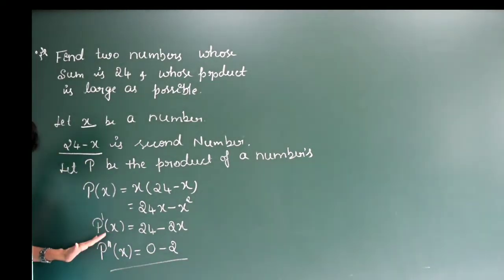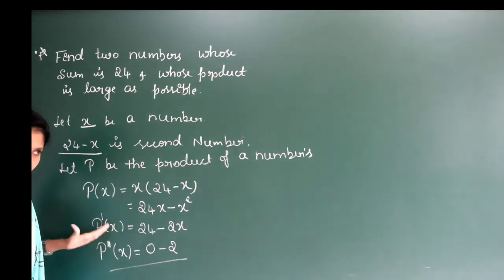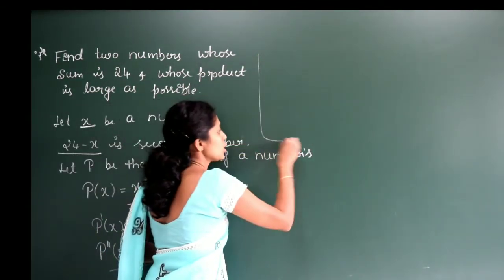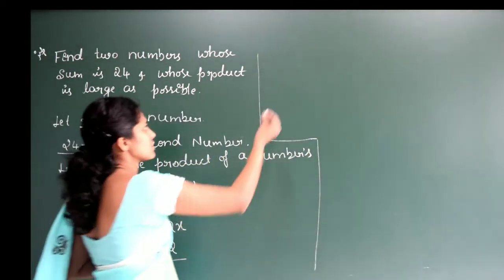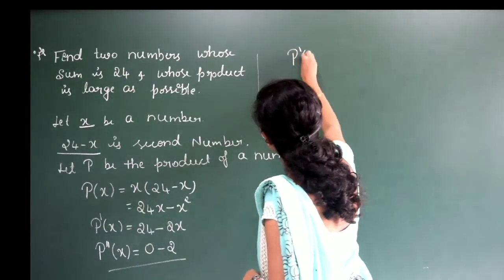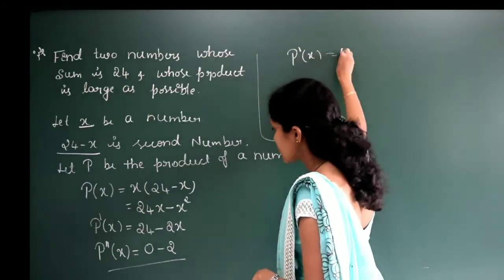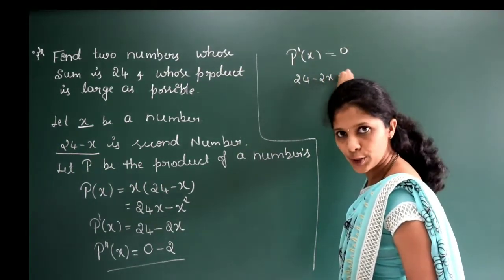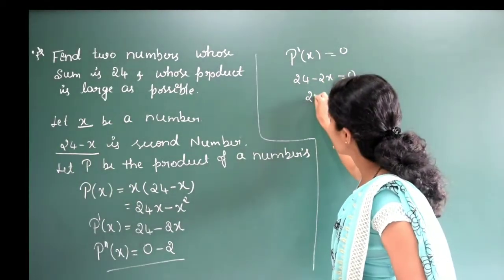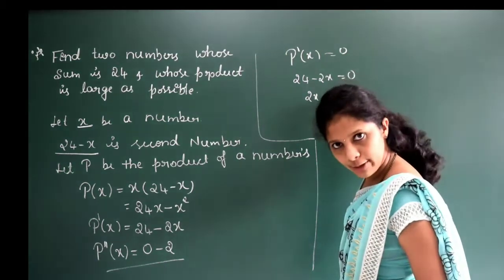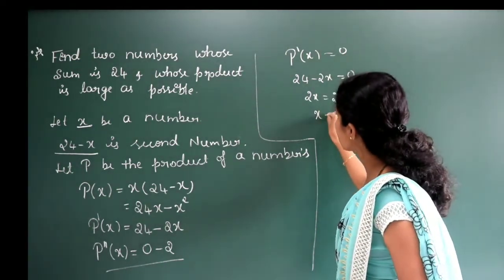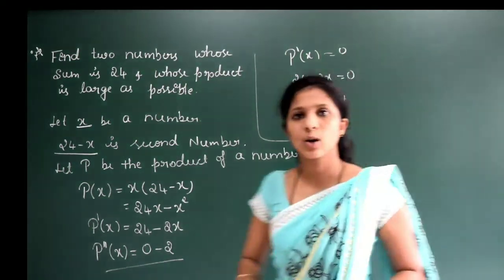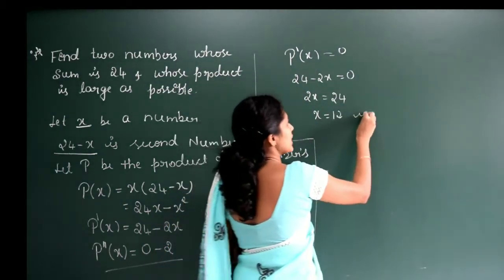Now we have to find the critical point which attains the maximum or minimum. To check that, we will consider p dash of x is equal to 0. That means 24 minus 2x is equal to 0. By this I can write x is equal to 12, and the value x is equal to 12 is called the critical point.